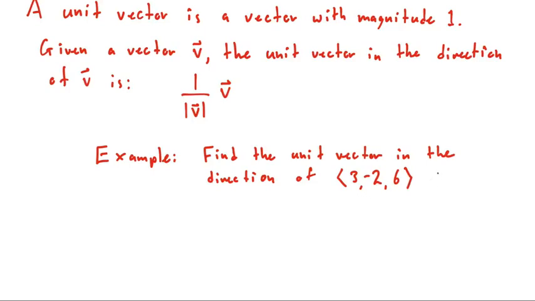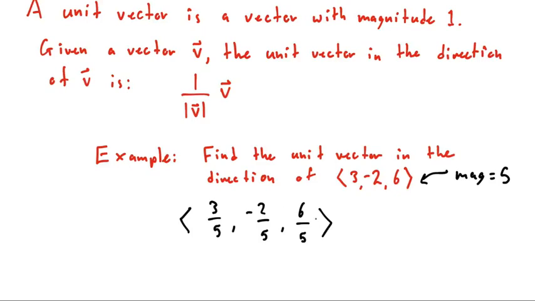We just found that the magnitude of this vector is 7. So in order to find the unit vector, we divide each component by 7. This is 3 over 7, -2 over 7, and 6 over 7. This new vector has a magnitude of 1, but it's in the same direction as the vector ⟨3, -2, 6⟩.